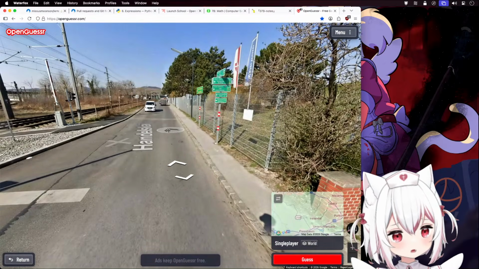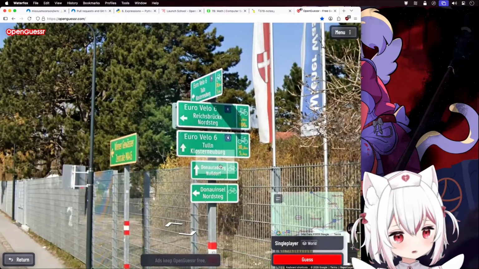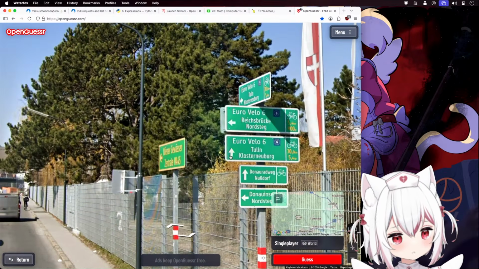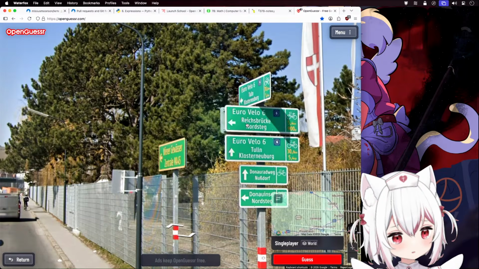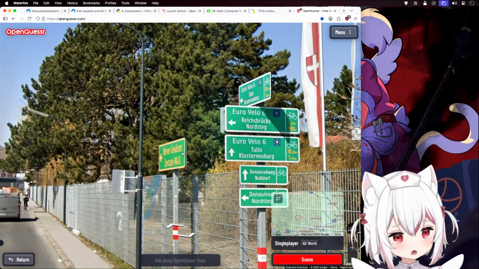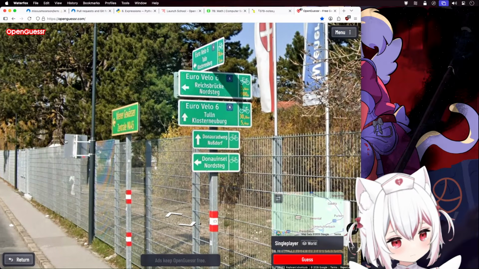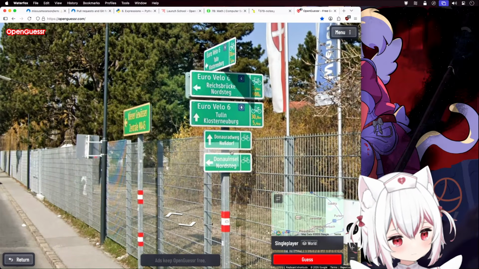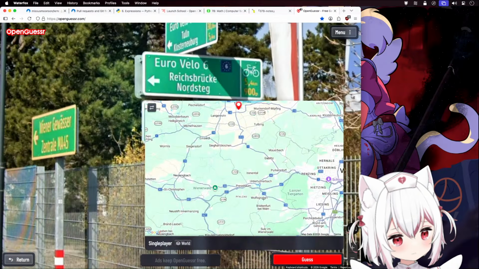Okay, these signs. Thun is north. No, Reichsbruck Nordstag is west. And there's something about biking. Oh wait, those are amounts. Oh, kilometers. 30 kilometers south of Thun.